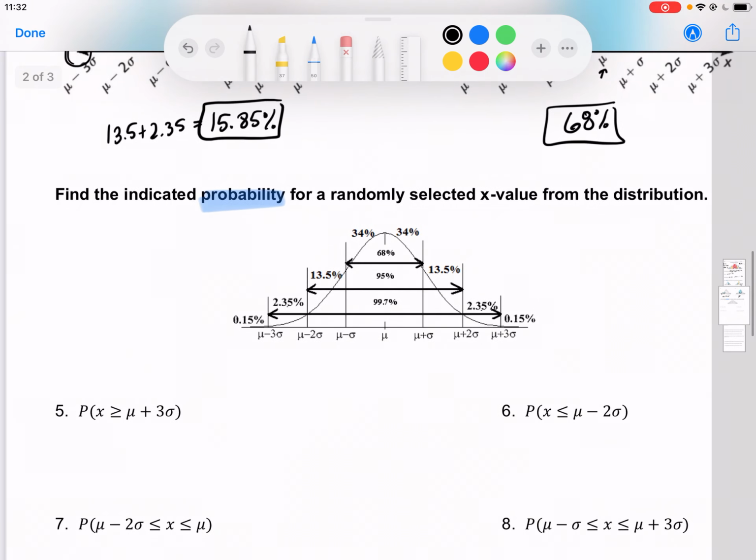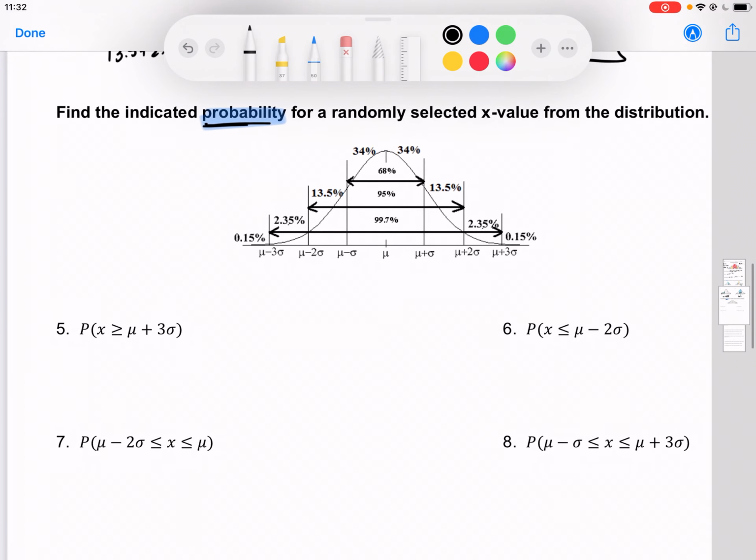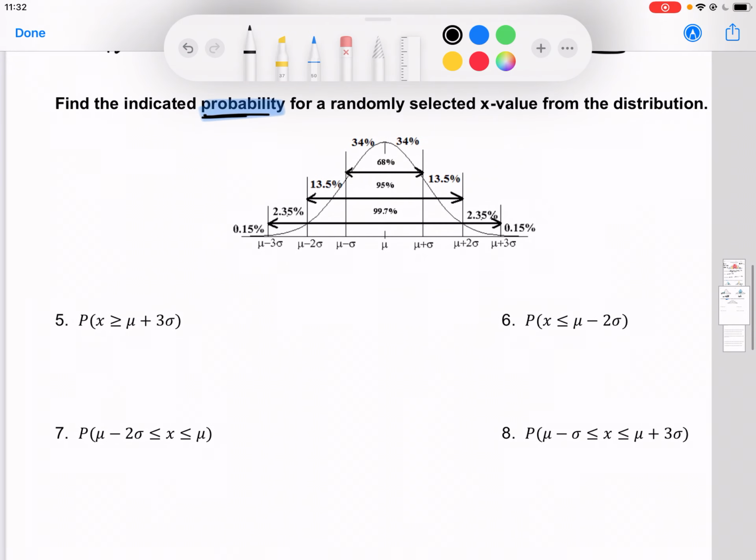All right, so like I said, we're doing the same thing, but now we have to just make sure our final answer is not in terms of a percent, but a decimal. But otherwise, it's exactly the same concept. They will write it this way, so we're trying to find the probability, that stands for the probability, that x is greater than or equal to the mean plus 3 times the standard deviation.